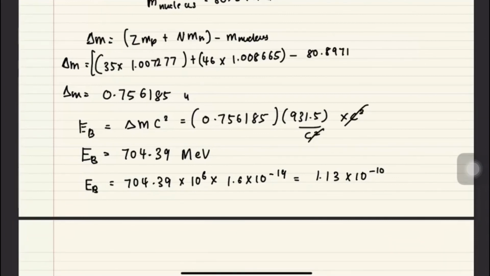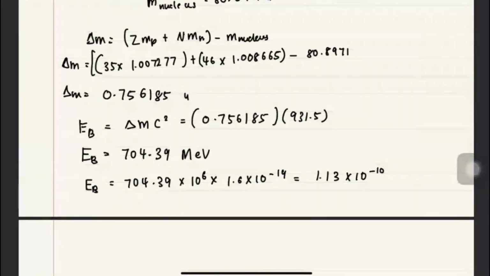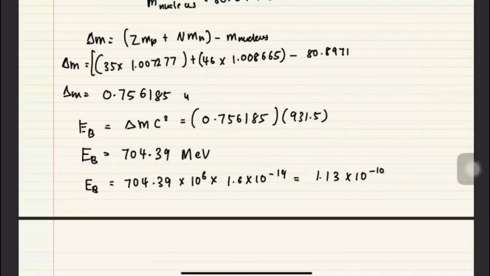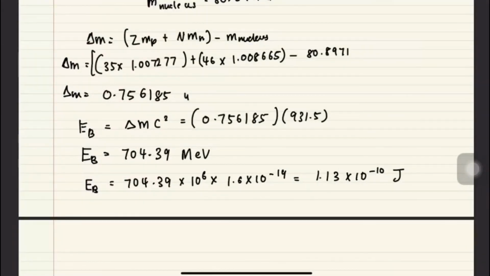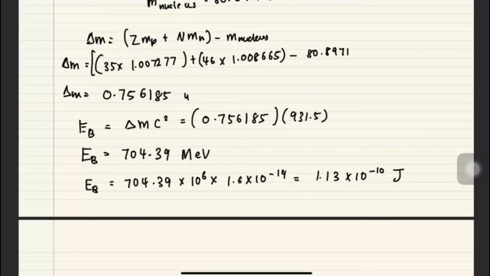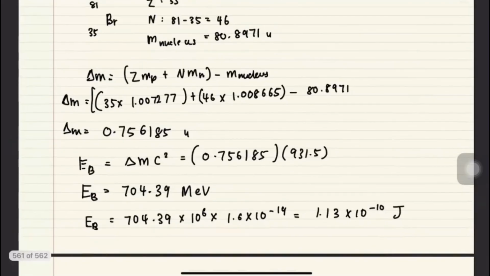Just darab 931.5 sahaja. Okay? Are you okay? Yeah. So, kalau yang 3 darab 10^8, yes, you have to take square. Kalau 931.5, you don't have to take square. Straight away you get the answer. So I got 1.13 times 10 to the power of negative 10 joule. Okay, that was for B1.